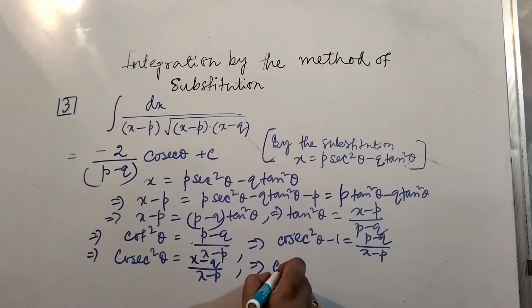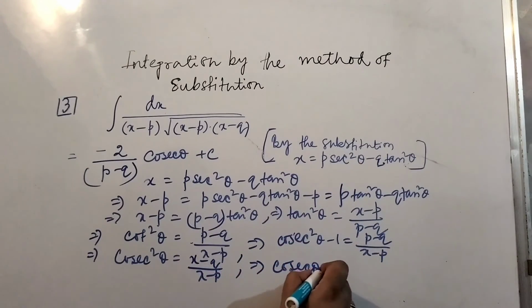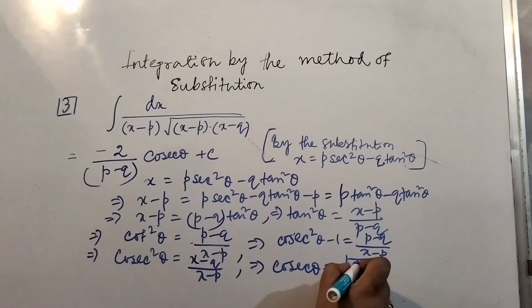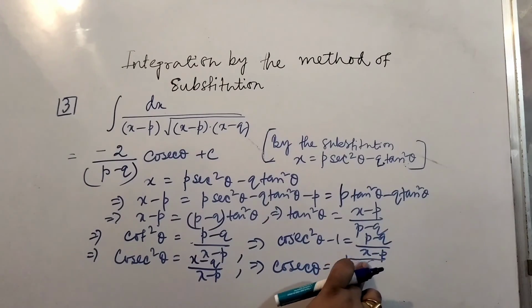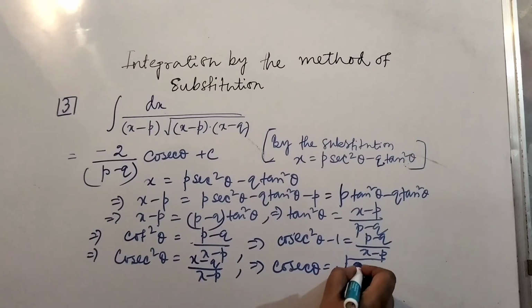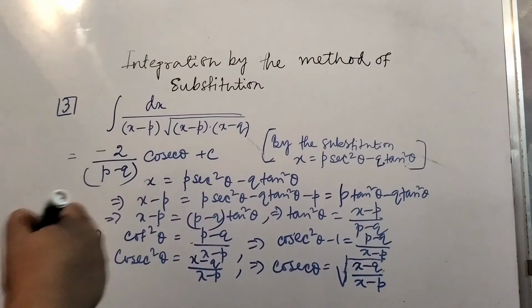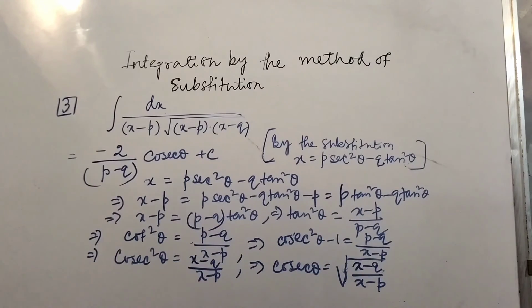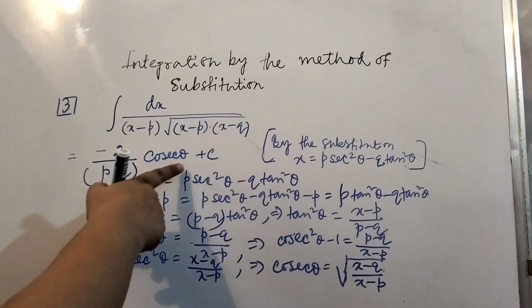So what is cosec theta? This is root over x minus q by x minus p, right? So cosec theta is represented in terms of x, and hence this can be put over here.